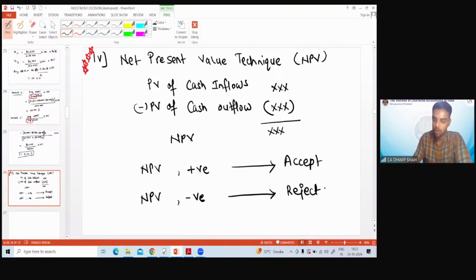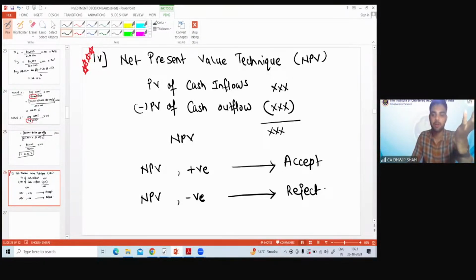Now we know how to calculate cash inflows. Yesterday we learned how to calculate cash inflows. For that, we have the entire income statement starting from sales till cash inflows. And to calculate the present value of those cash inflows, we need a discounting rate, correct? And we also learned how to calculate the discounting rate.